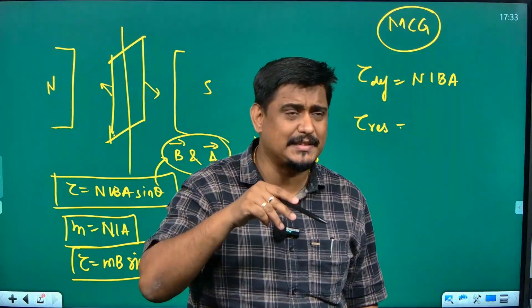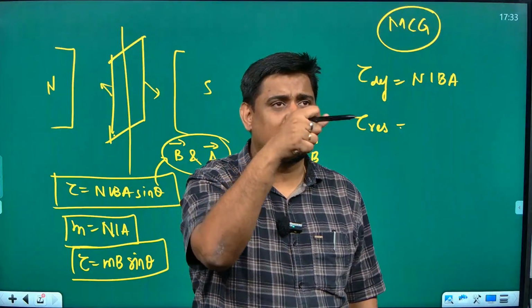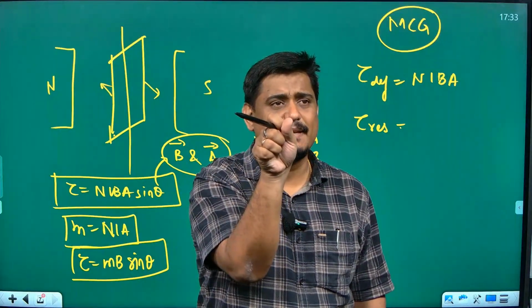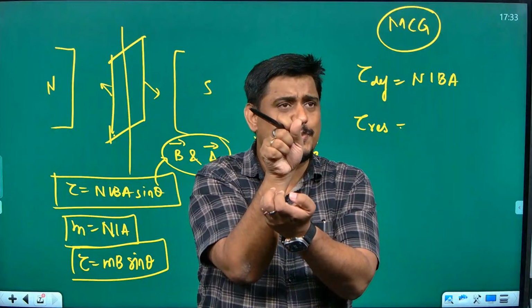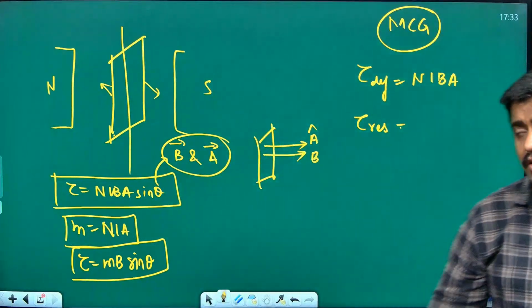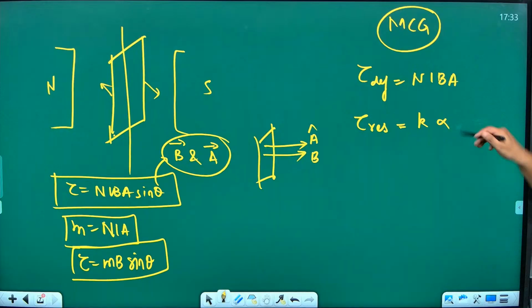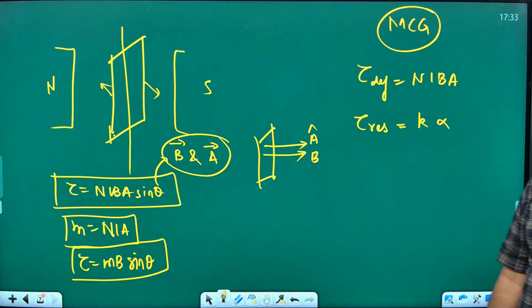Because current came inside, the coil rotated, my needle will turn like this. And once again, because I have added spring below, the spring will bring it back to the original position. So my restoring torque, which is equal to K into theta or K into alpha, whatever I wrote in the class, you will equate both and you will get the value of alpha.